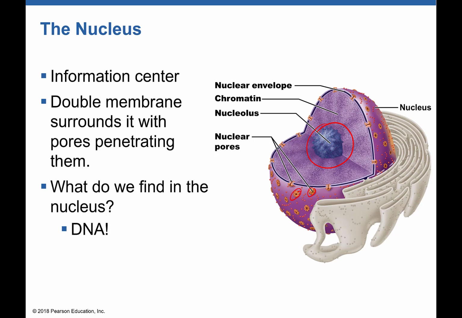When we need instruction to make something for our body, our cells make a copy of that instruction instead of sending our DNA out of the nucleus. This process is what we call transcription.